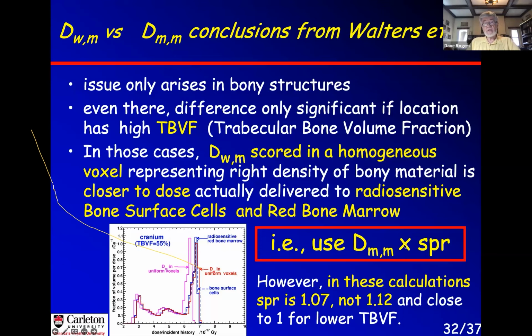So basically, they're saying use the dose to the medium calculation times the stopping power ratio. Because certainly clinically, you'll never be calculating this directly with all the detail that's necessary. And again, I just emphasize that they got a valid stopping power ratio of 1.07, not 1.12.